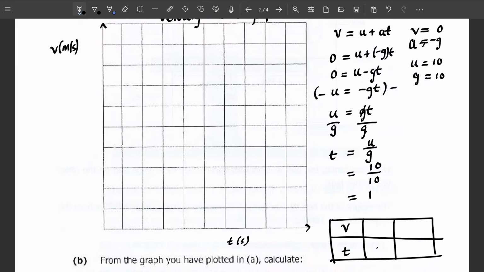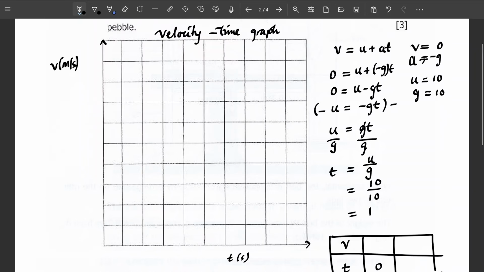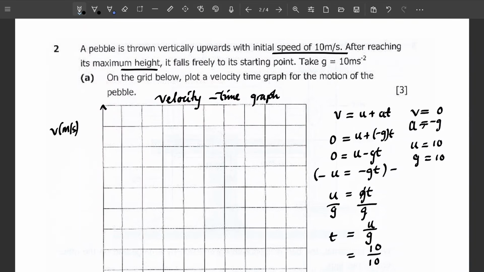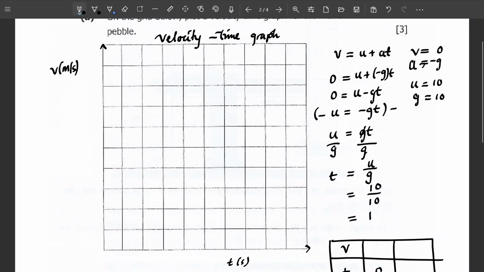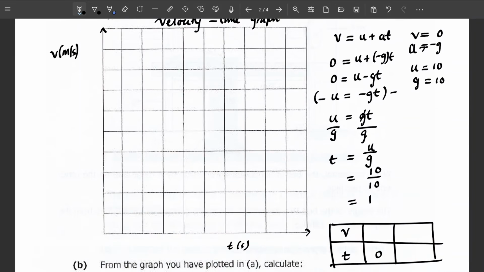When time was 0, our initial velocity was 10. They threw it with 10. That's what you should know. That's the logic.